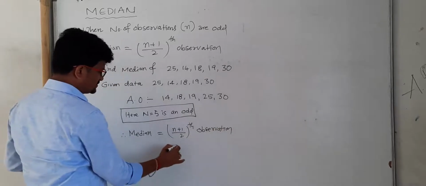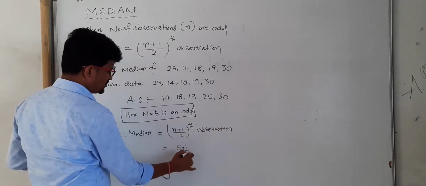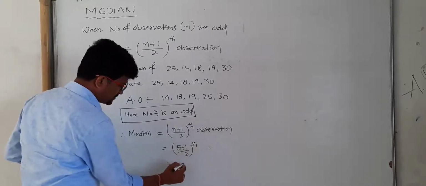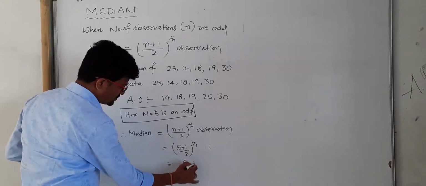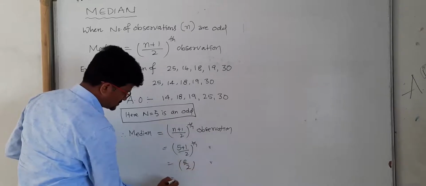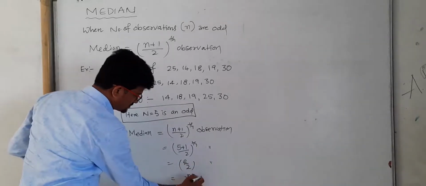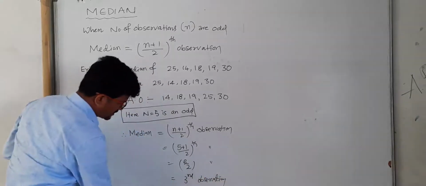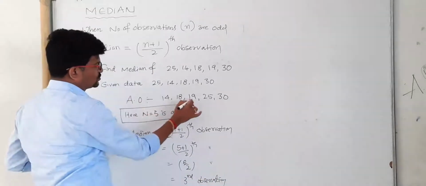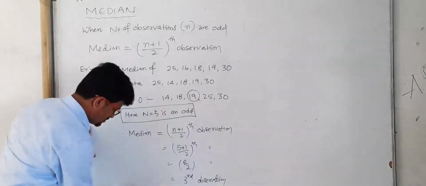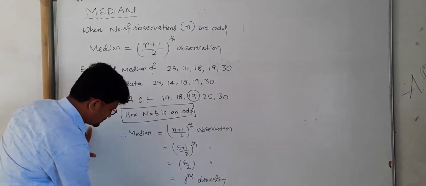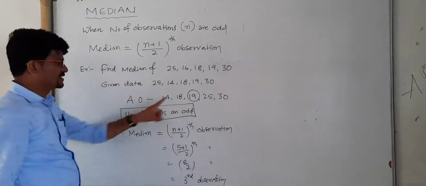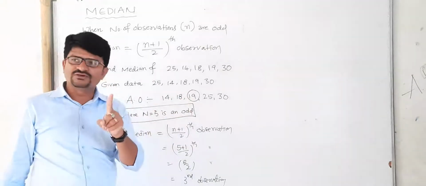That implies the (5 plus 1) by 2th observation, that implies 6 by 2, that implies the third observation. 1, 2, 3, third observation. Therefore, median is equal to 19.